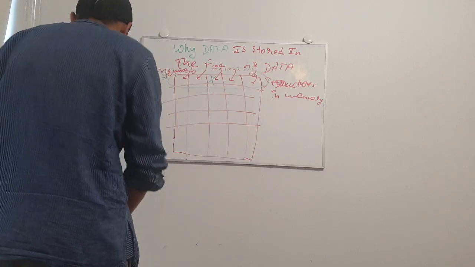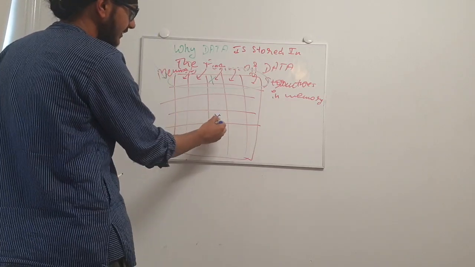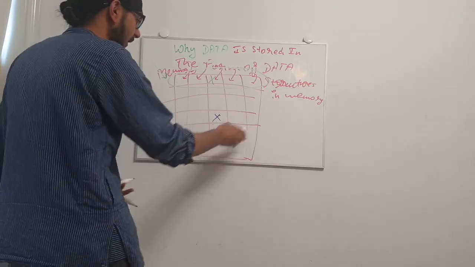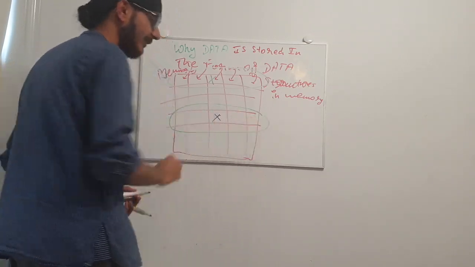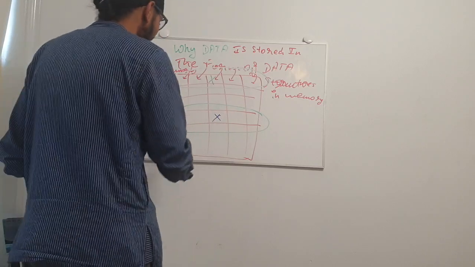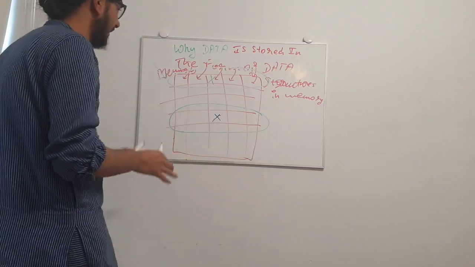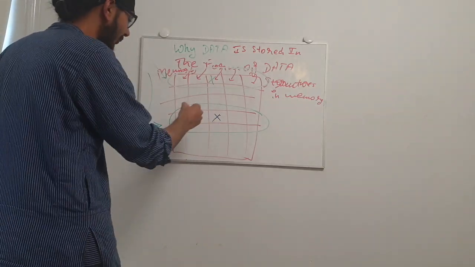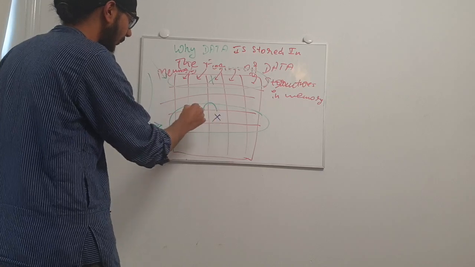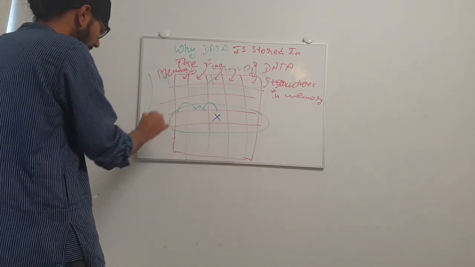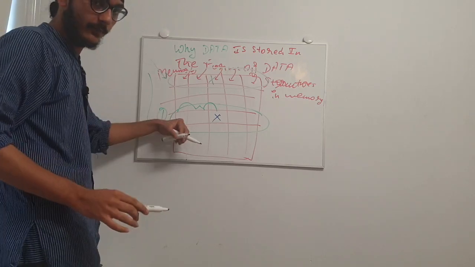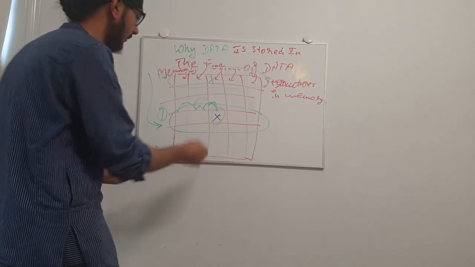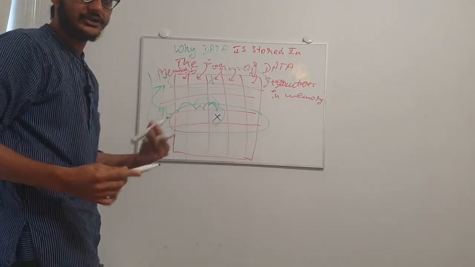Let's consider an example where I want to access this cell, and I already know, because I have stored it this way, that this X is a part of this data structure. Then in my program I can just say go to this location, and provide a certain offset to my processor, saying: hey processor, go to position number 1, and from 1 take 3 leaps, 1 2 3, and whatever is there, grab it into the register in the processor.